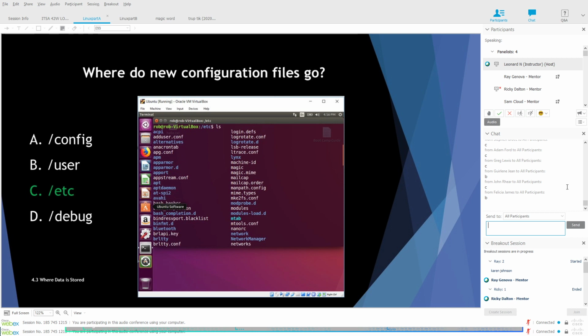Stored in your etc file. All configurations are in the etc. So that stands for etc.